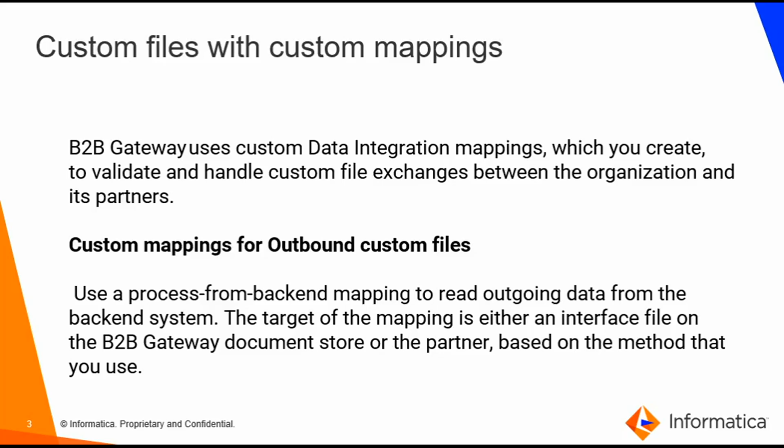The target of the mapping is an interface file, that is, it could be an EDI file, artifact file, or some custom file on the B2B Gateway document store or the partner, based on the method that you choose. We have two ways to achieve this outbound flow. One is using two-step processing, another is single-step processing. In our video, we will be discussing the two-step processing so that we can cover the whole scenario or the use case.